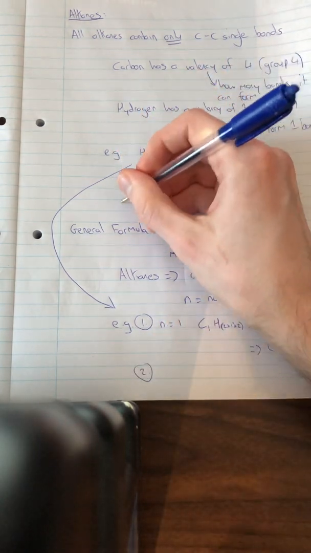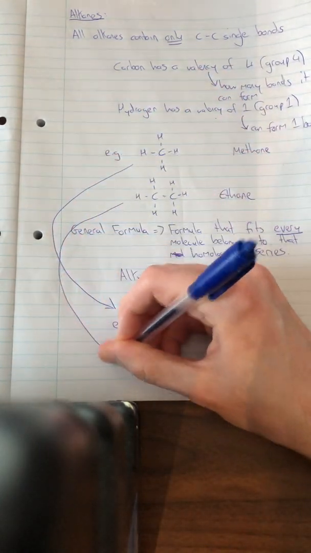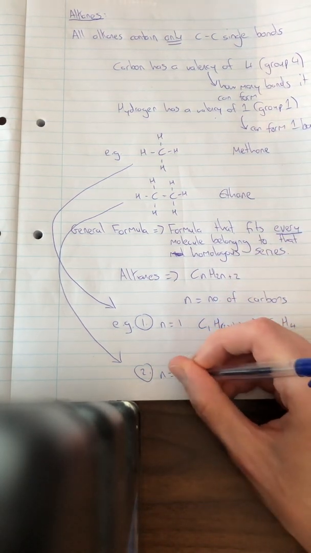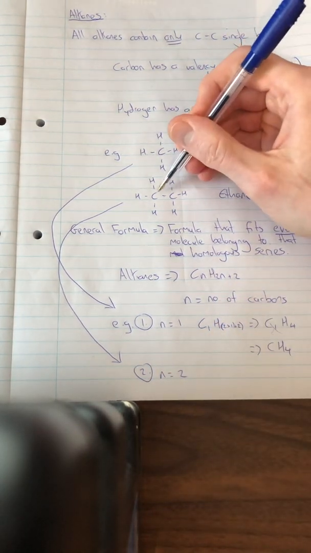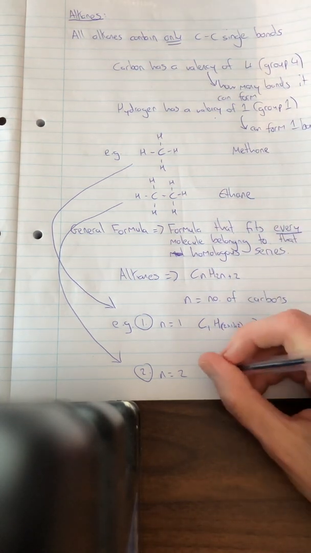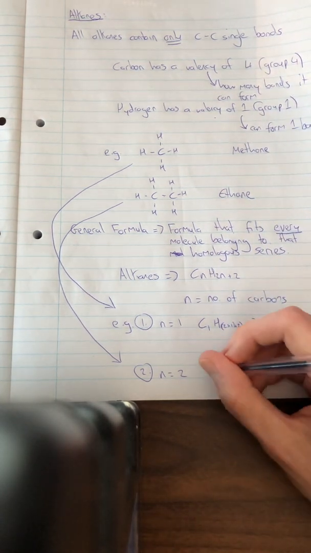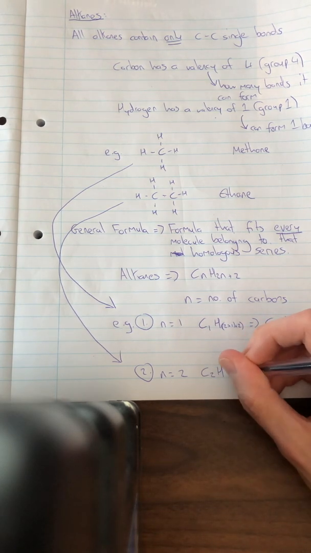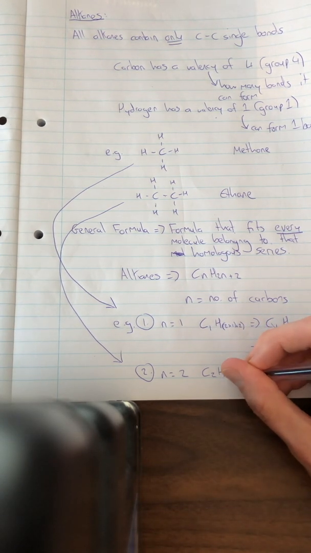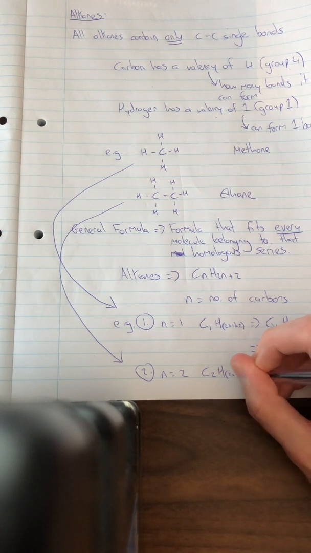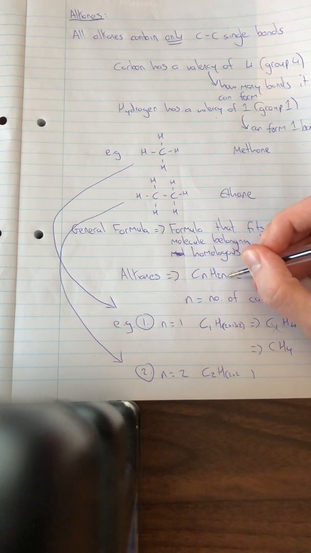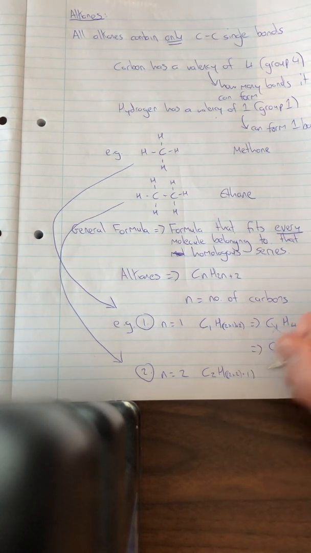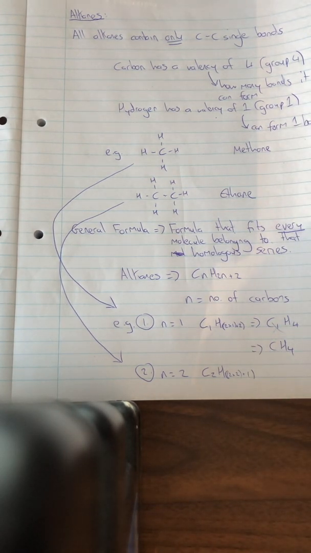Now this one here, again, if we look at ethane, N equals 2 because we've got 2 carbons. So if we apply that to our formula, that becomes C2H, and then in brackets, 2 times 2, because N equals 2. So 2 times 2, add 2.